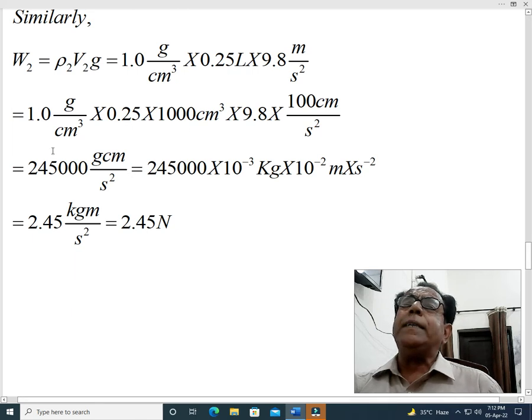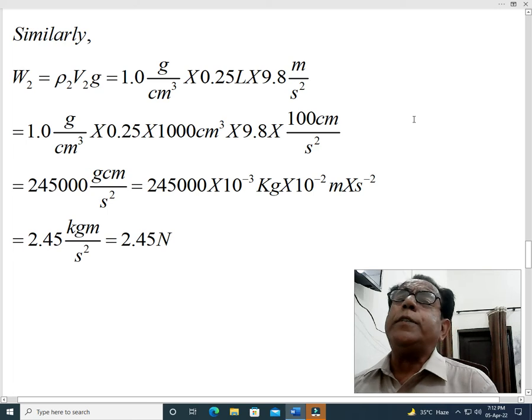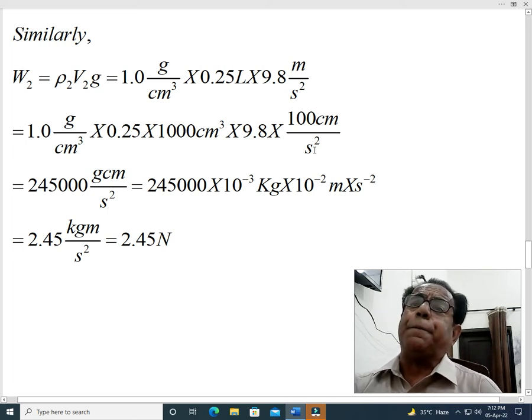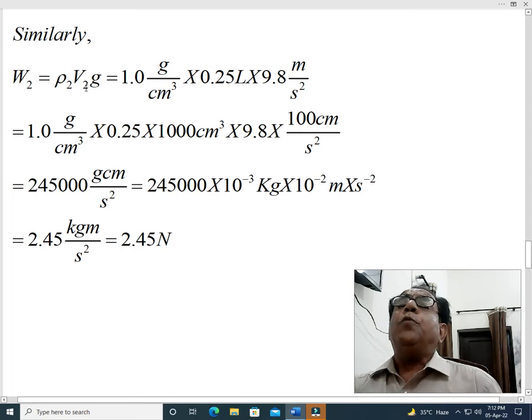Okay, similarly W2 equal to, again, same steps, no addition, no subtraction, except that the values of density and volume will be changed. Here density is 1.0 gram per centimeter cube and volume is 0.25 liter. Okay, then again same as in W1, we have converted liter into centimeter cube, similarly meter into 100 centimeter.